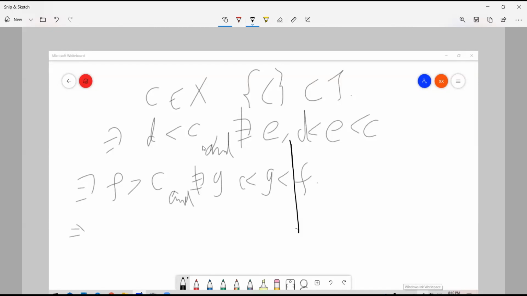Then we know that this single point set is equal to from minus infinity, or from the smallest element A1, to D. I'm sorry, it's not this one.